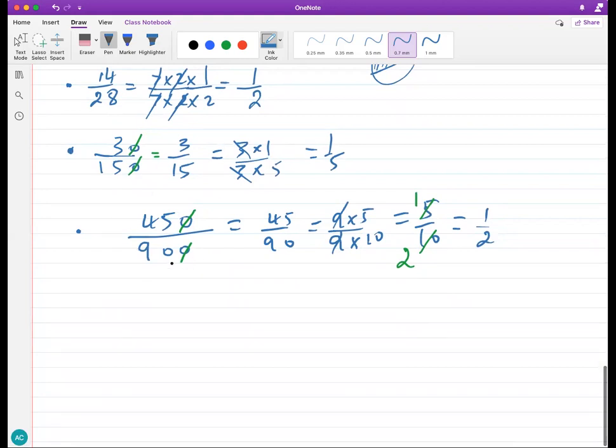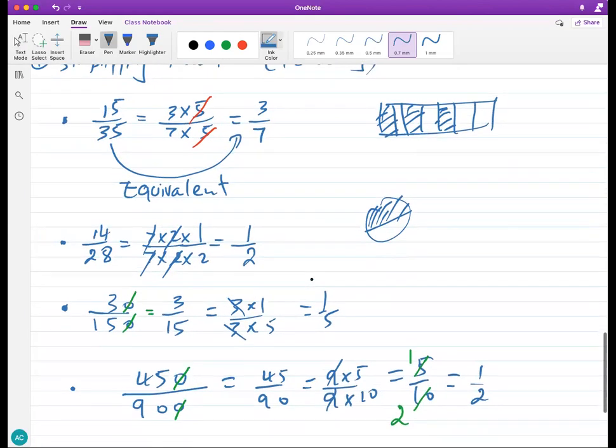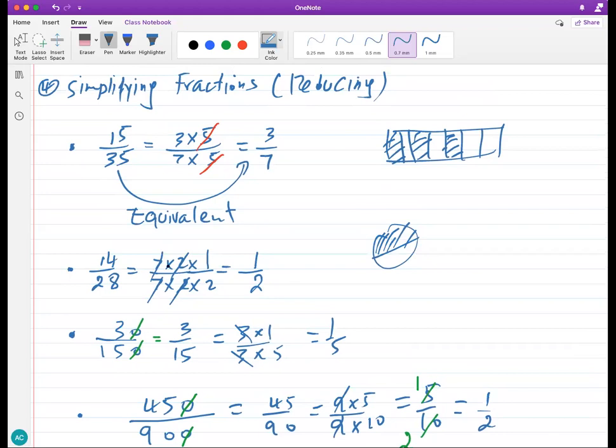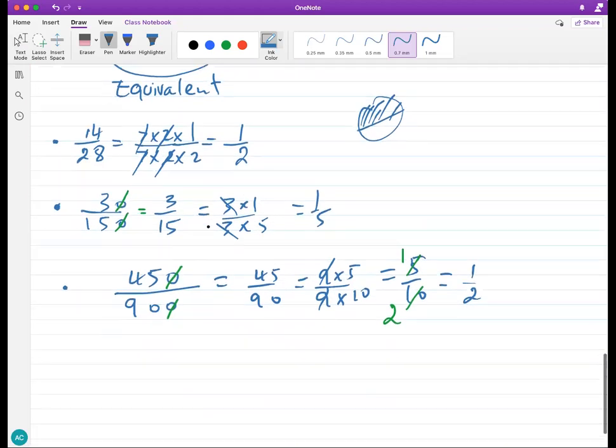In the future, you might get so familiar with this that you can just say, oh, 45 goes into 90 twice, so it's just 1/2. But again, take the easy way until you're comfortable with doing it the faster way. That's the reason why we learn factoring, so we can see the common factors and cancel them.